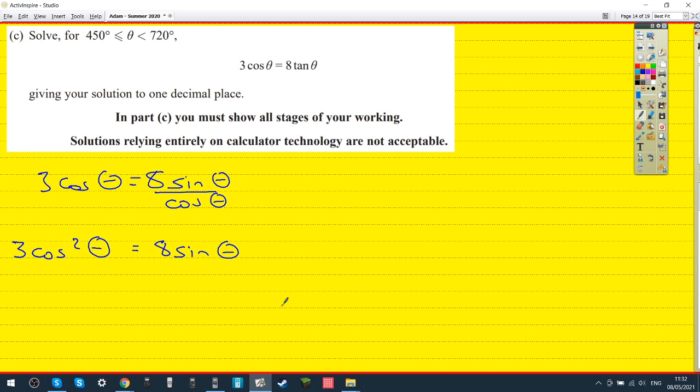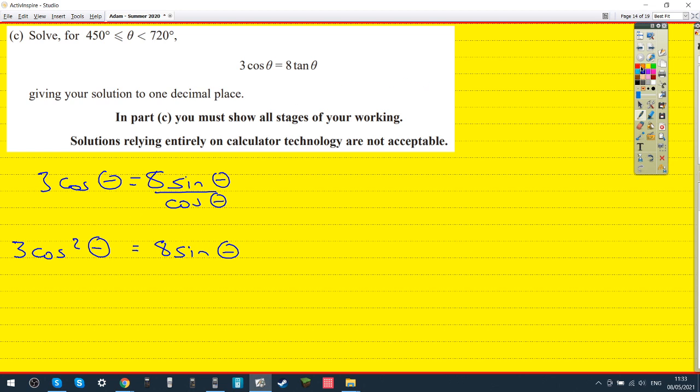Any idea what is next? No. My guess, it's not a good one though, might be the easiest way. Usually the way you can swap between sine and cos is sine squared plus cos squared equals 1.